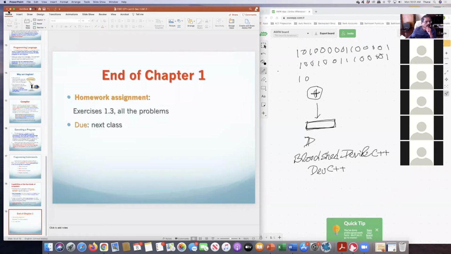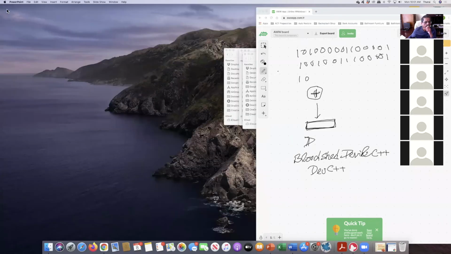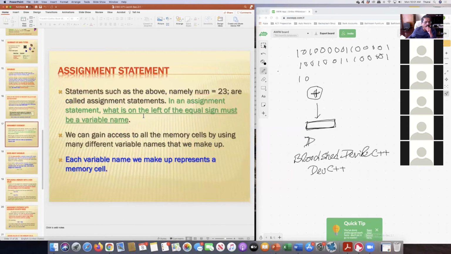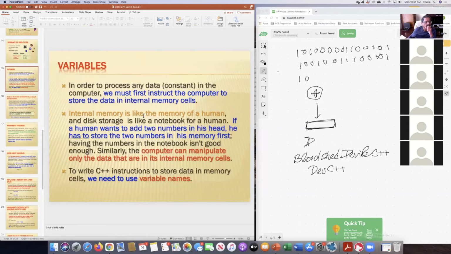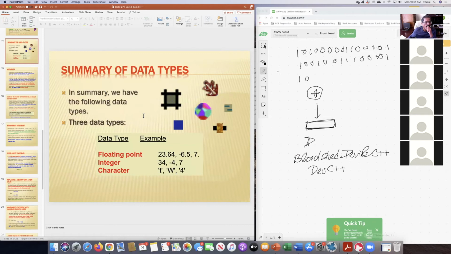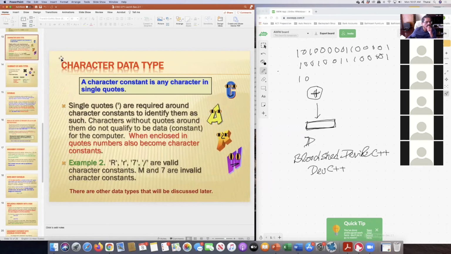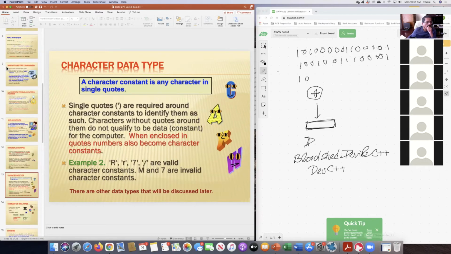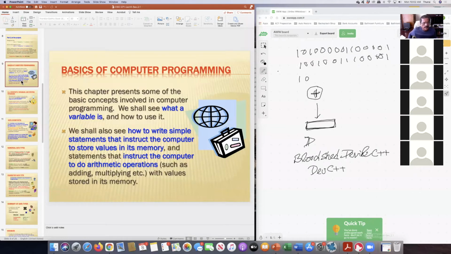So I'm going to move on to 2.1, where we will learn a little more about writing programs. Okay, basics of computer programming.